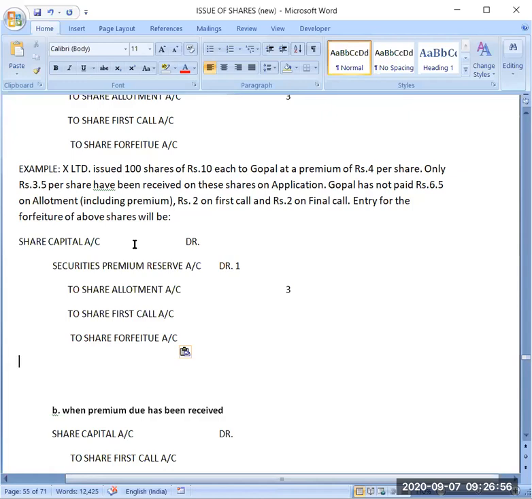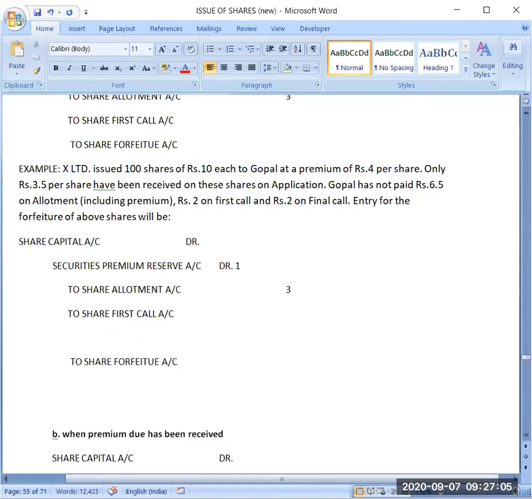Yes, please. So this will be the journal entry. You have not received first call also. You have not received final call also. And we will assume equity share final call account, equity share allotment account.